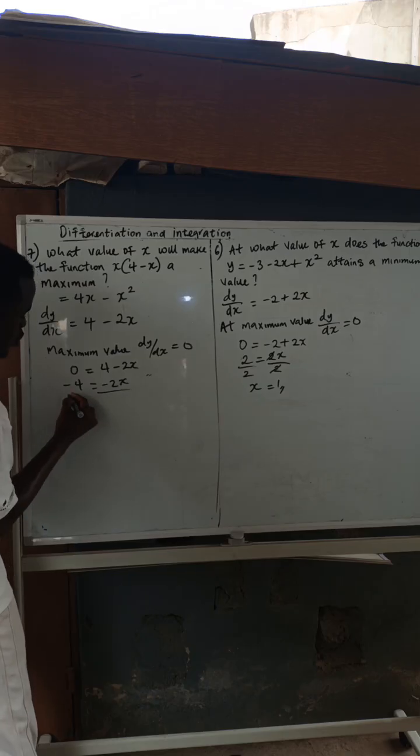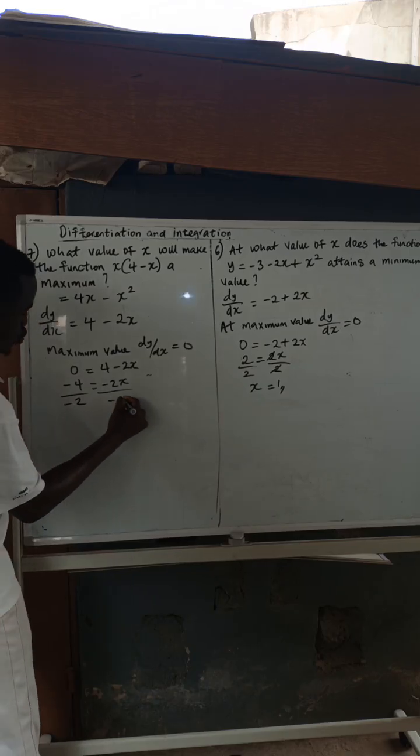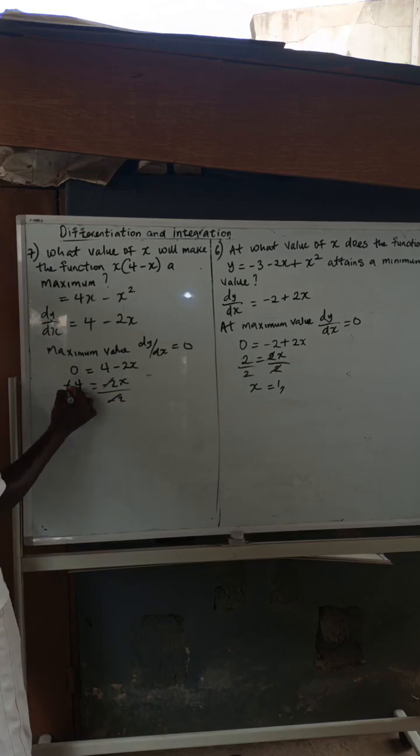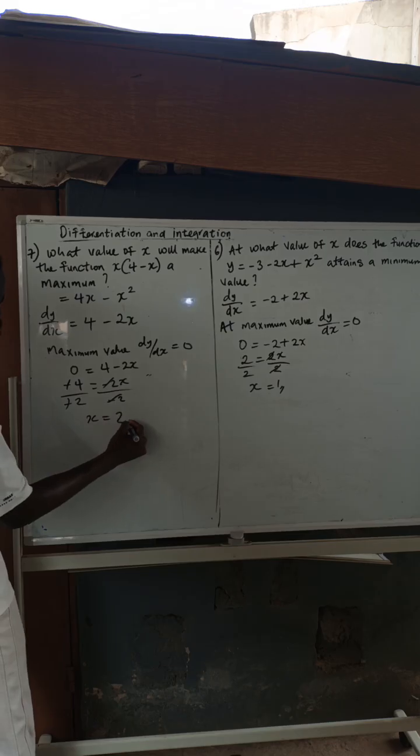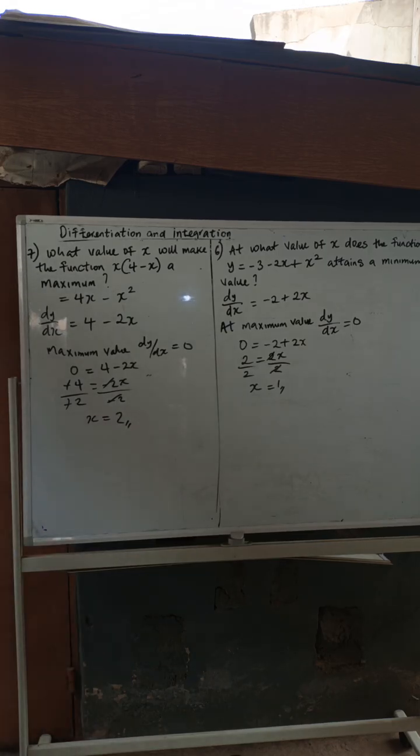I'm dividing both sides by the coefficient of my x, which is minus 2. And doing that, my x is equals to 2. So at value 2, x open bracket 4 minus x will make the maximum.